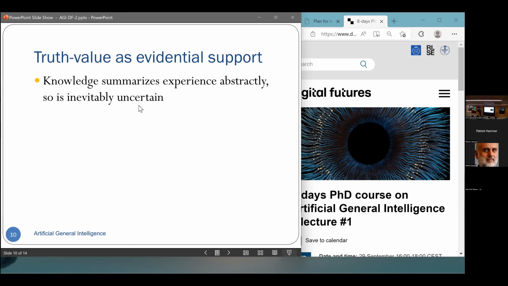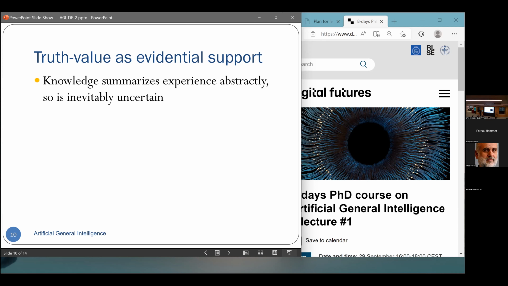Why? Because what we call a concept is also what people usually call a pattern. You selectively keep some information, and you say, okay, I see a certain pattern. But that pattern may be true at a certain moment, but at another moment, it may no longer be the case.